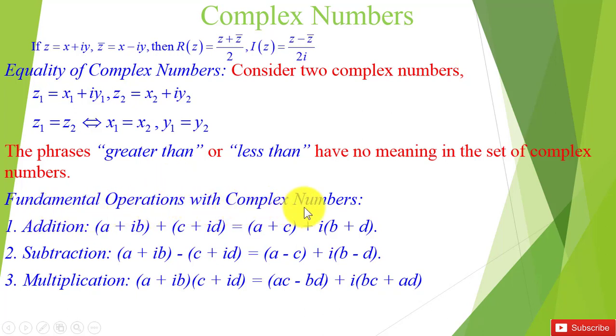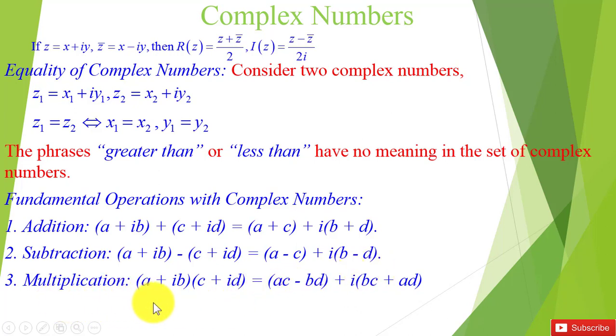Fundamental operations with complex numbers. Addition. (a plus ib) plus (c plus id) is equal to (a plus c) plus i times (b plus d). Subtraction. (a plus ib) minus (c plus id) is equal to (a minus c) plus i times (b minus d).